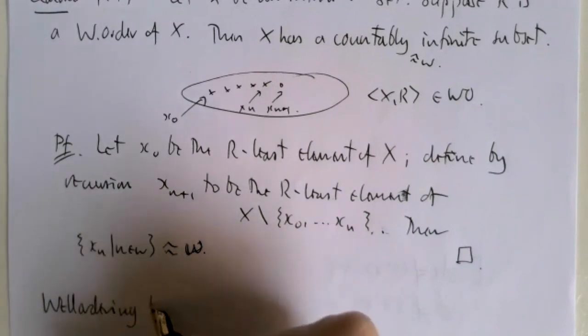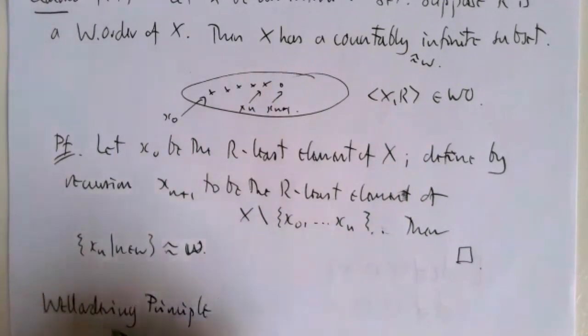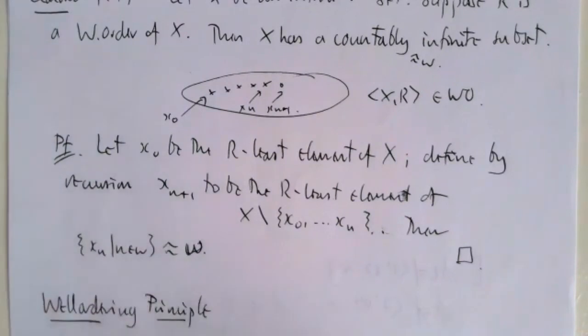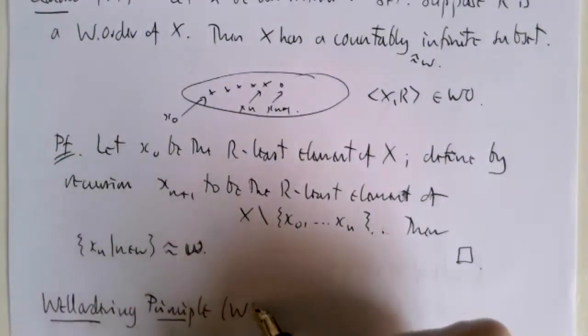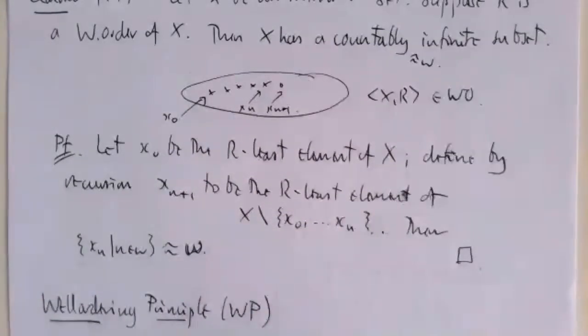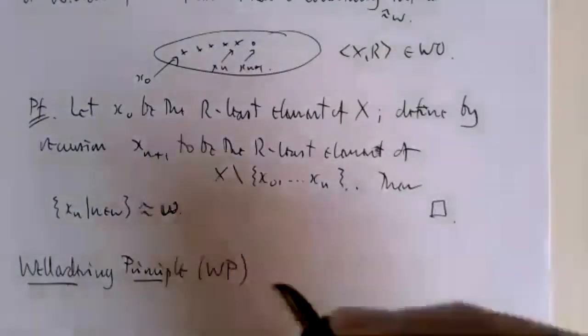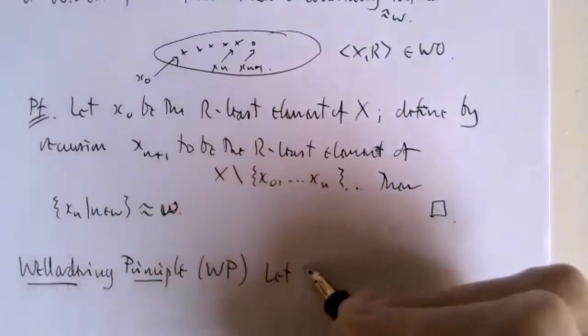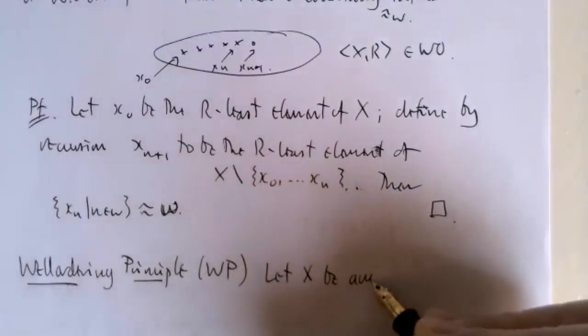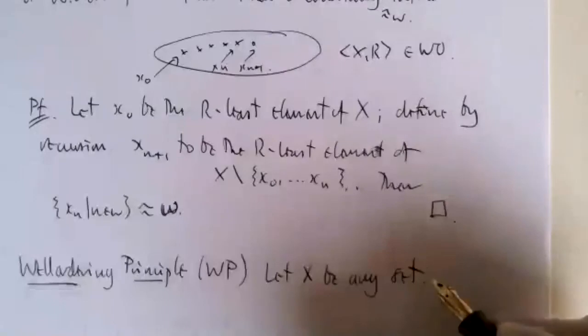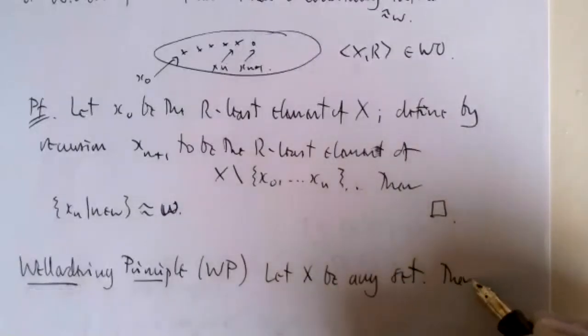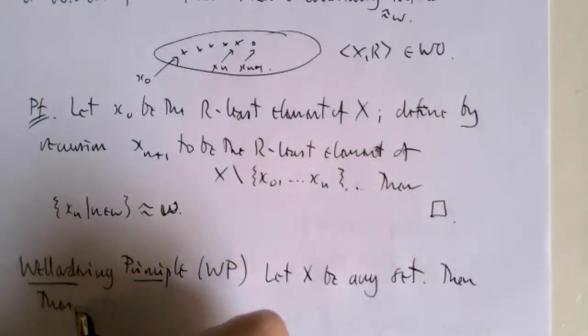We'll see towards the end of the course that this is equivalent to something called the axiom of choice. But we'll adopt this because it's more useful in our context first. I'm going to call it WP: any set can be well ordered. Then there is a well ordering of X.